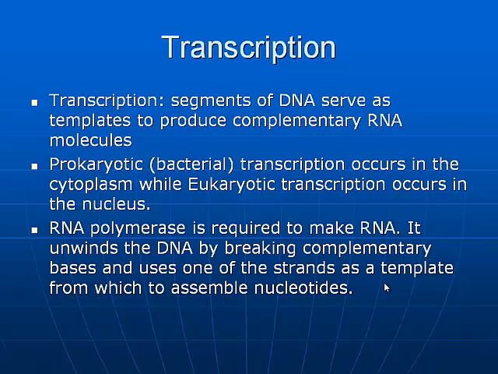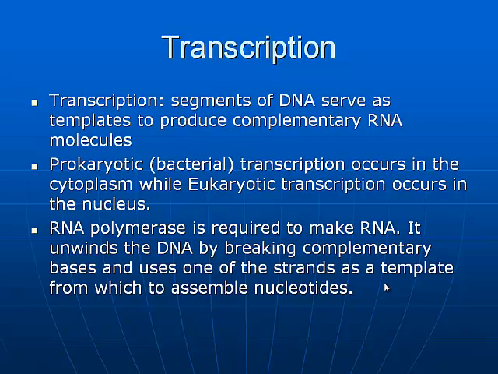They just have their DNA out in the middle of their cell, while eukaryotic transcription occurs in the nucleus. Now, as you should already know, eukaryotes do have a nucleus, do have membrane-bound organelles, and inside the nucleus, mRNA is transcribed from DNA, and in the next slide I'll go over how that is processed and how those differ, but transcription does occur in the nucleus for eukaryotes.